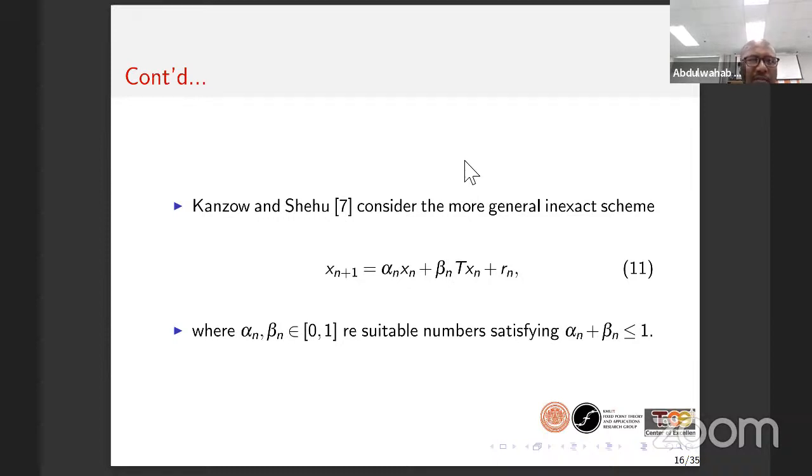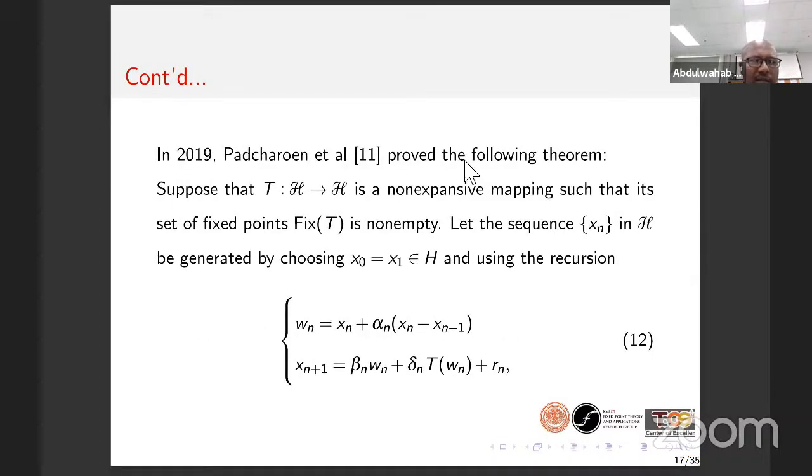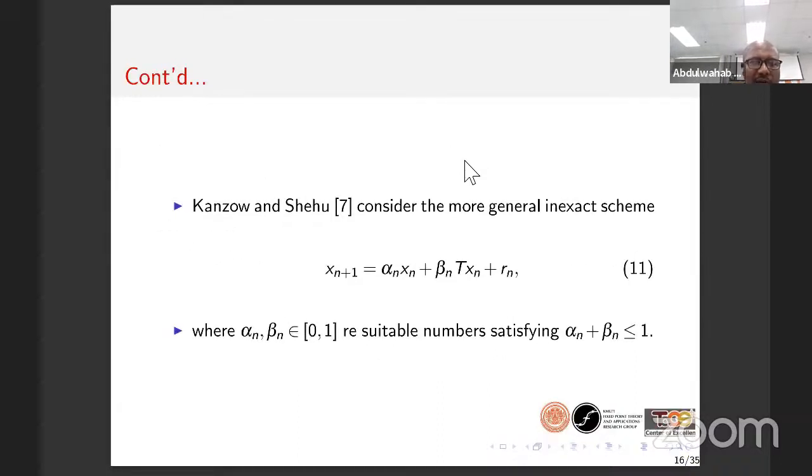So this becomes a more general inexact scheme. And in 2019, Patron and others came up with this type of algorithm, given by equation 12, where they use the inertial extrapolation method together with equation 11, which was considered by Kanzow and Shehu.